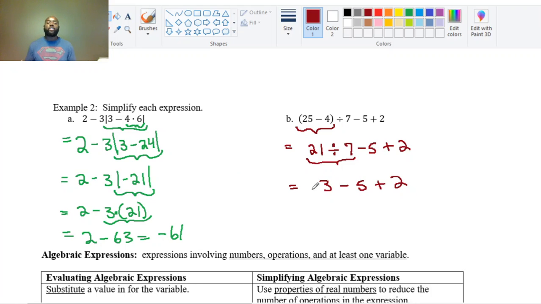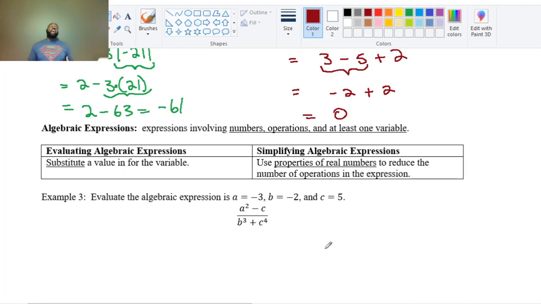Again, remember, you always do addition and subtraction from left to right if those are the only operations you have. And so since the subtraction comes first on the left, I have a negative 2 plus 2, which is 0. Okay? And there we go.